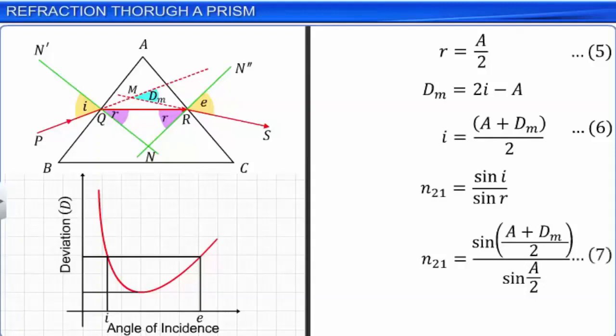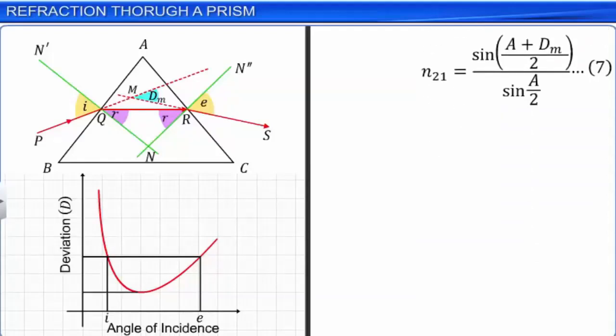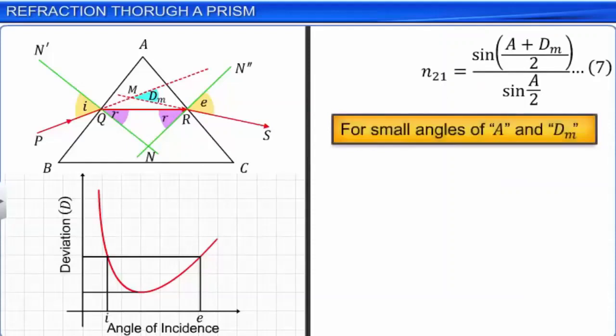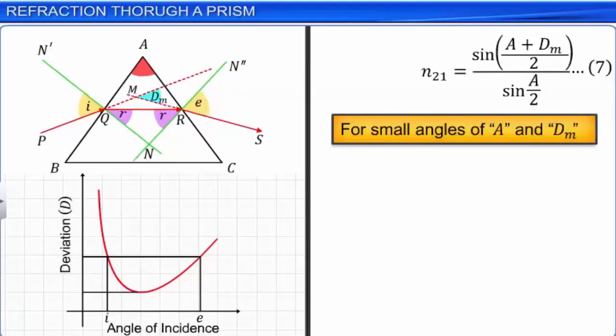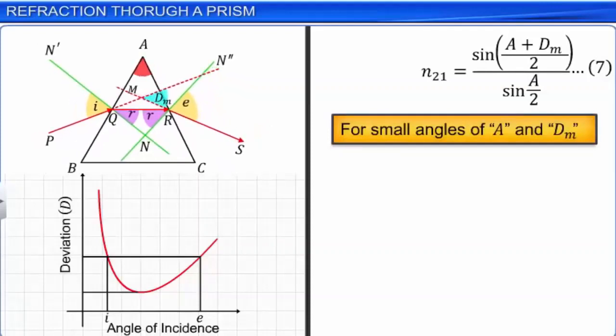If the refracting angle of the prism is small, then the value of the minimum deviation is also small. But we know that for small angles of theta, sin theta is approximately equal to theta. Hence, we can assume that sin (A plus dm) by 2 is approximately equal to (A plus dm) by 2, and sin A by 2 is approximately equal to A by 2.